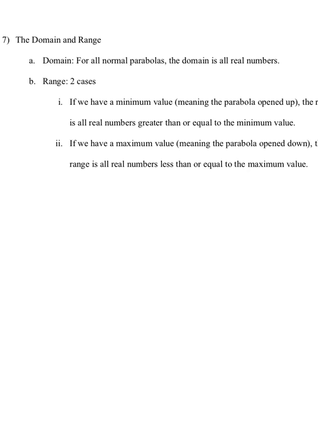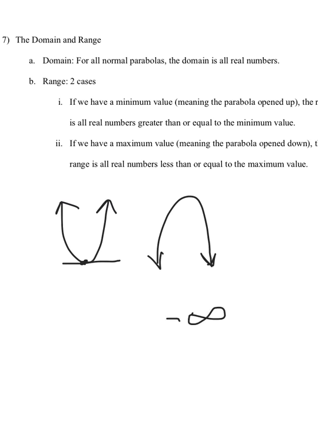So make sure that when you're looking at your parabola, if it's opening upward, the range starts here, okay? And if it's opening downward, the range starts at negative infinity and goes up to this point here.